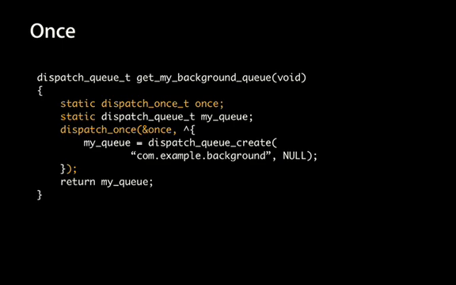When you call dispatch once and pass that predicate and then a block to run, dispatch once will verify that that block has only been run once per application and that it has actually run to completion before the function returns. Once we know that queue is initialized, we can go ahead and return it. So this might be a good accessor function for some sort of singleton object in your application. And dispatch once is a very efficient API.